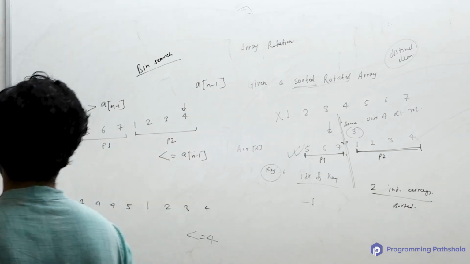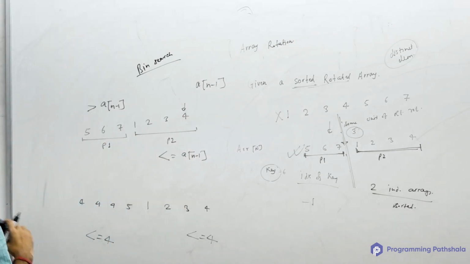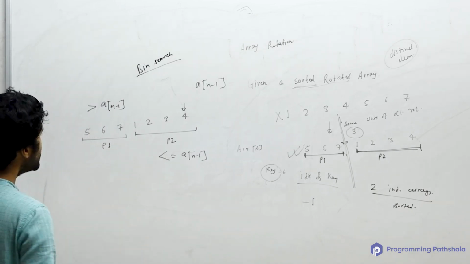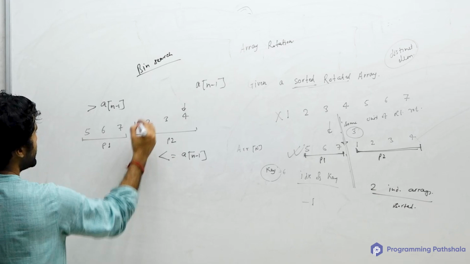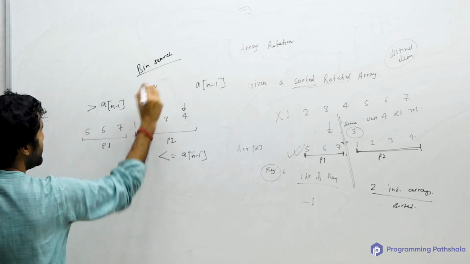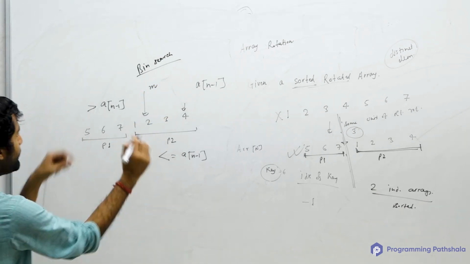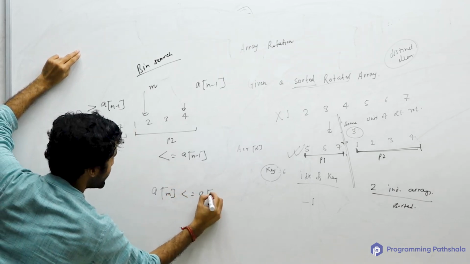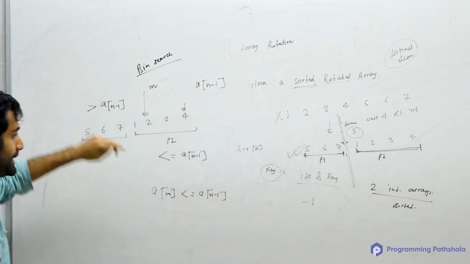Now, if you know this property, then you can solve the problem very easily, isn't it? How can you solve it? Let's say you are applying binary search and you are at a particular mid. If you see that A[mid] is smaller than or equal to A[n-1], what does it mean?